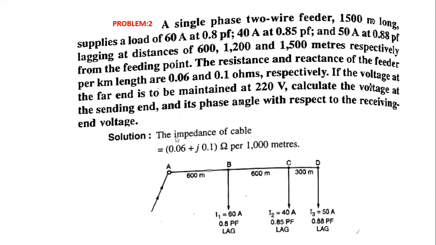Therefore, first we calculate the impedance. ZAB is equal to 0.06 plus j0.1 ohms per kilometer. This is the impedance of the section.